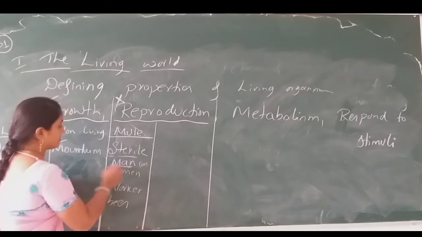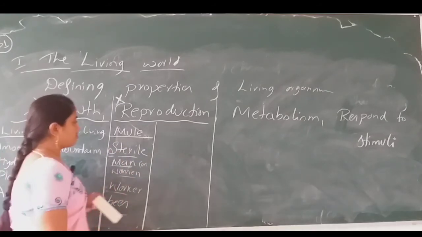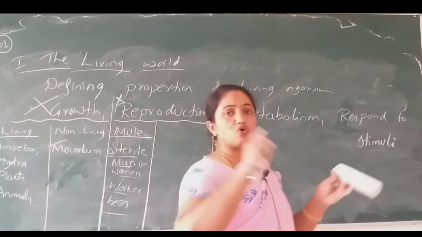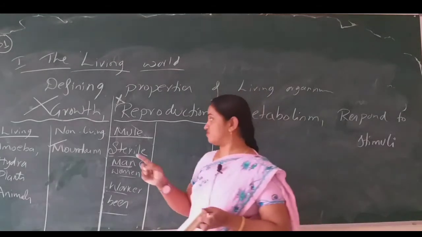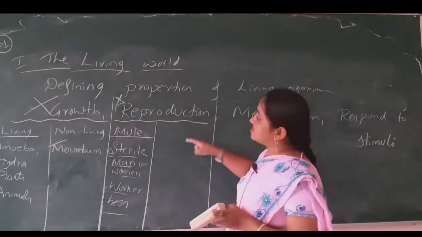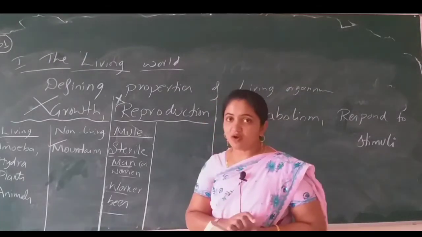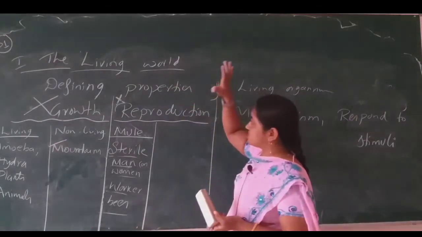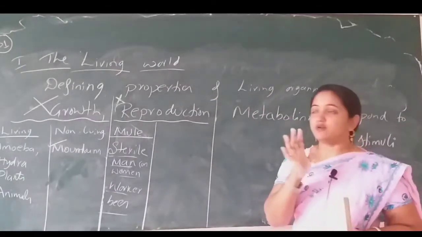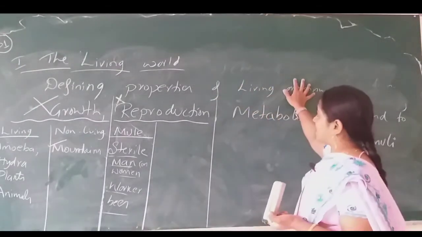Mule, sterile man and woman, worker bees, they do not reproduce. Reproduction means they give rise to young ones, but these do not. It means reproduction also is not a defining property of living organisms.